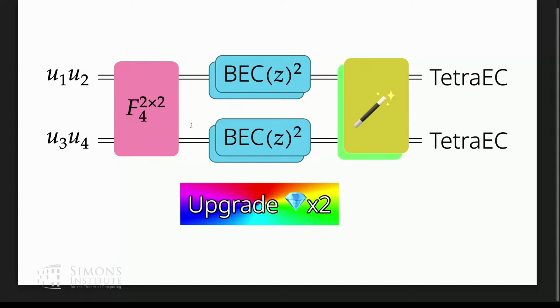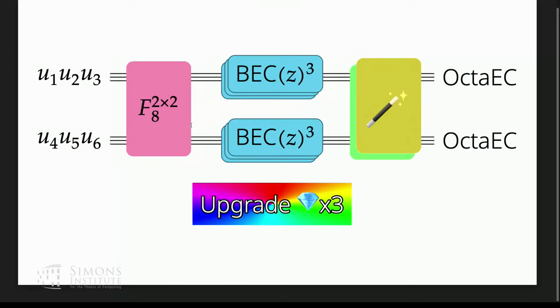So what is interesting about this work is that, first of all, you don't have to stay with F4. You can always go higher. You can go F8, F16, F32. And if you do the simulation, you'll find that the larger the alphabet gets, the better the performance. But there is a ceiling.